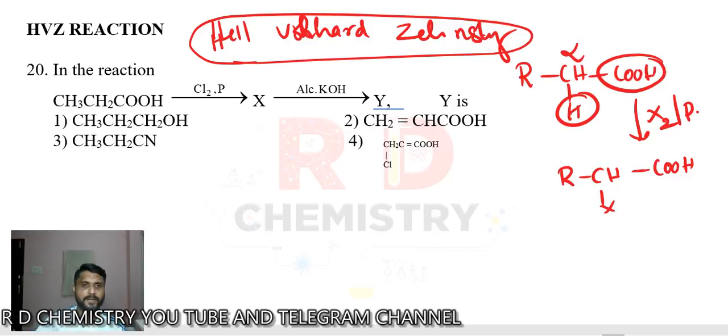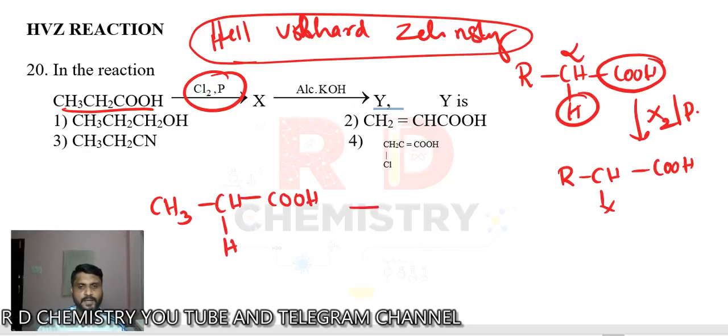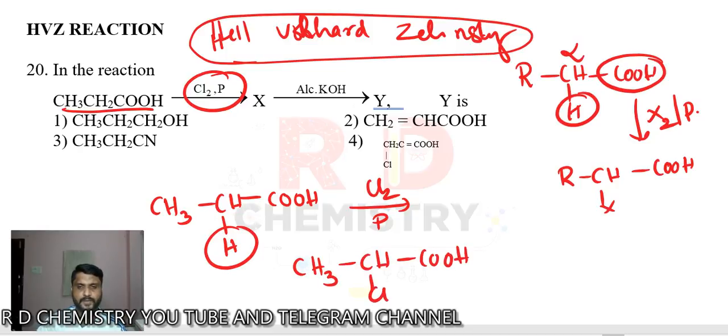Now let me take chlorine and phosphorus with this carboxylic acid. So CH3, CH, I'll write that alpha hydrogen separately, then COOH. It reacts with chlorine and red phosphorus, so alpha halogenation gives CH3 CHCl COOH. Then you bring alcoholic KOH. What is the use of alcoholic KOH? Dehydrohalogenation.